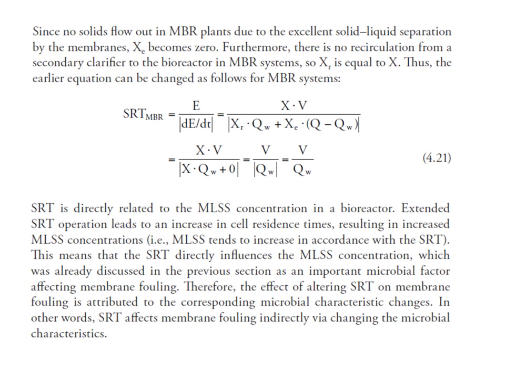And in MBR systems, in fact, there is no escaping of cells through the membrane. In previous cases, in activated sludge systems, although we have secondary clarification, some of the microbial cells can be wasted through this secondary clarification because the separation of the cells is not complete using this clarification system.